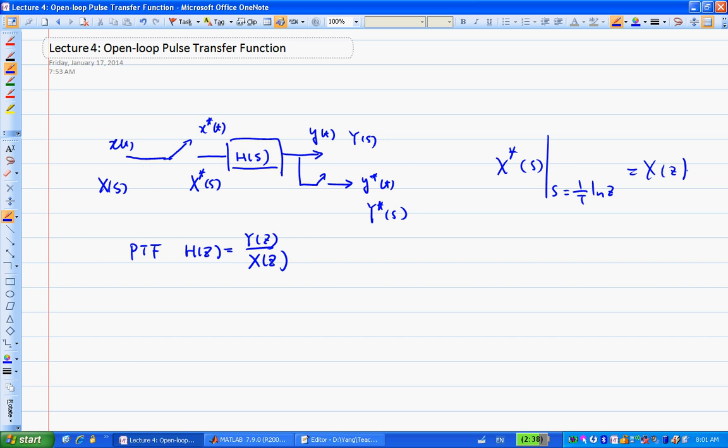So where does this h of z come from? It comes from this h star of s. You need to find the ratio between y star of s over x star of s, then find h star of s. Then h star of s gives you this h of z by doing this substitution.